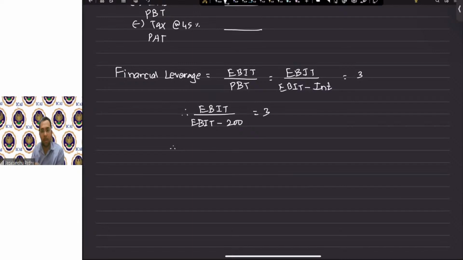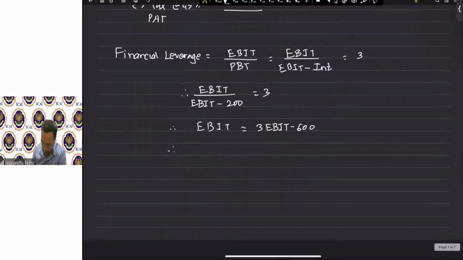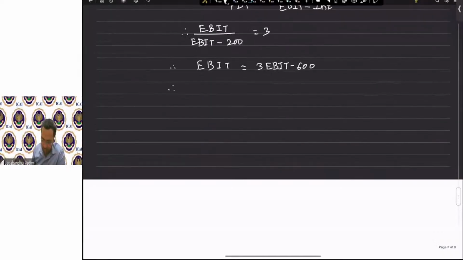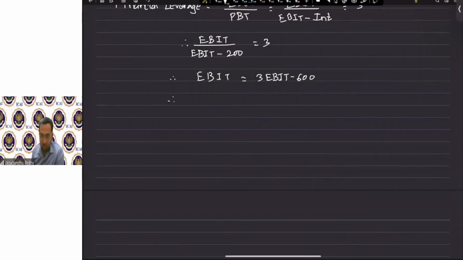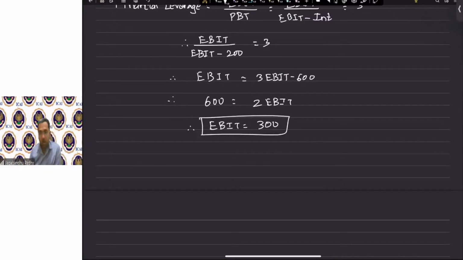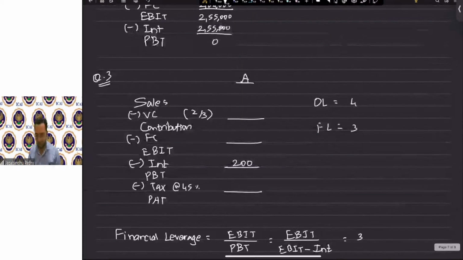We can cross multiply the things and get the appropriate values. Cross multiplication will be EBIT is equal to 3 EBIT minus 600. So let's take EBIT on one side. So we have 600 is equal to 2 EBIT, and therefore EBIT will be 300.